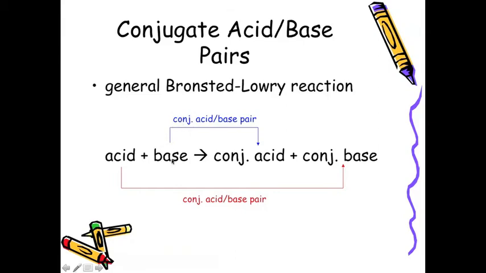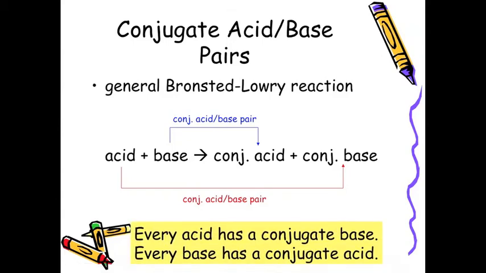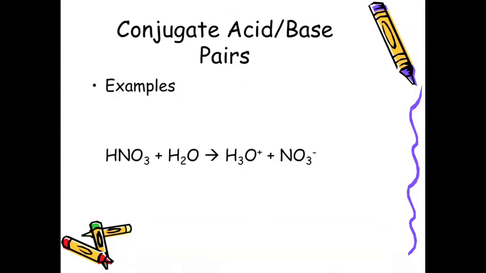So a base forms a conjugate acid because the base and the conjugate acid will always be paired. They're always going to be together. Same thing with the acid and the conjugate base. Conjugate means paired or combined. So every acid has a conjugate base, every base has a conjugate acid. That's the moral of the story.